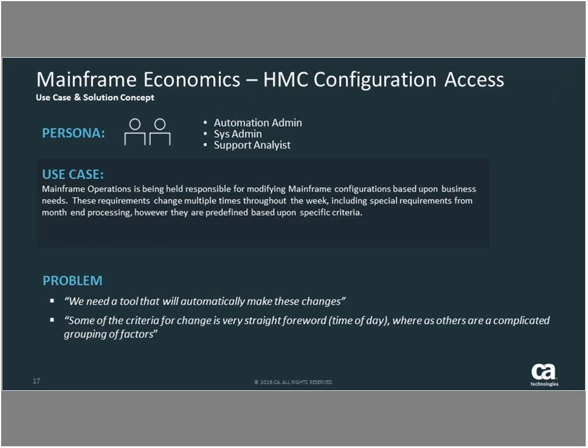So if you're seeing hardware errors or something like that on your HMC, you can still do your notifications through Automation Point, or you can take corrective action. Because it also allows you to issue commands to the HMC and set or view configuration items.